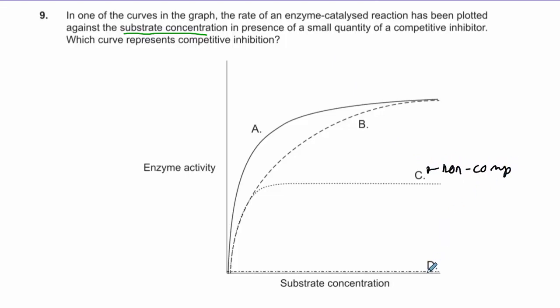D, like there is no enzyme activity. Maybe this is just you have added something that just cuts the enzyme into pieces or something. I don't know. But A is probably the uninhibited.